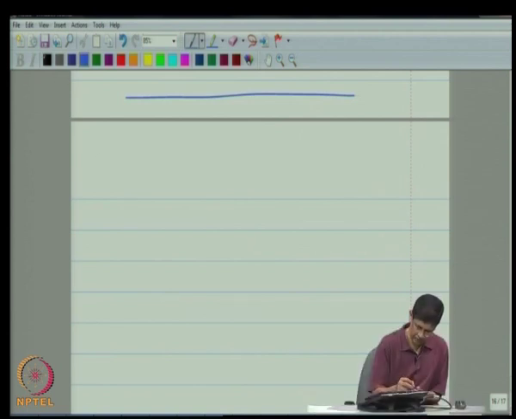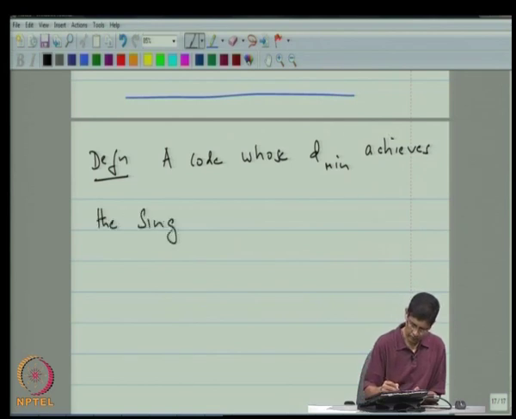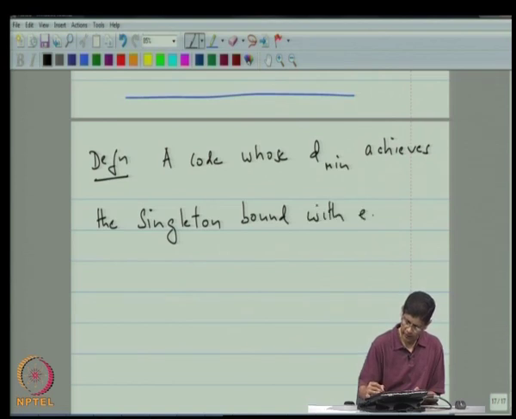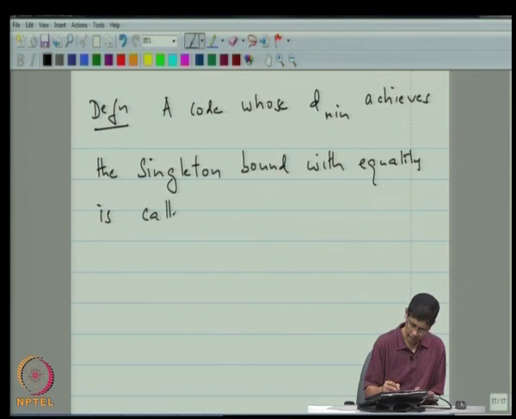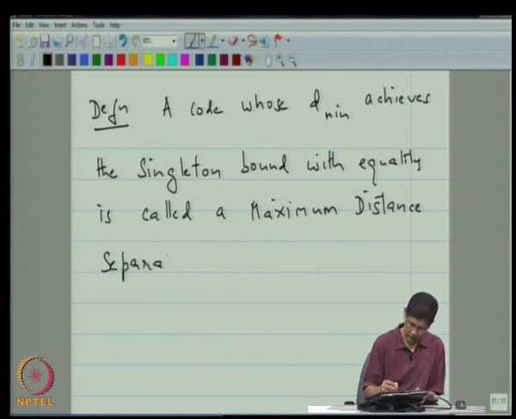Now here is the definition. A code whose d min achieves the singleton bound with equality is called a maximum distance separable code, abbreviated MDS code.